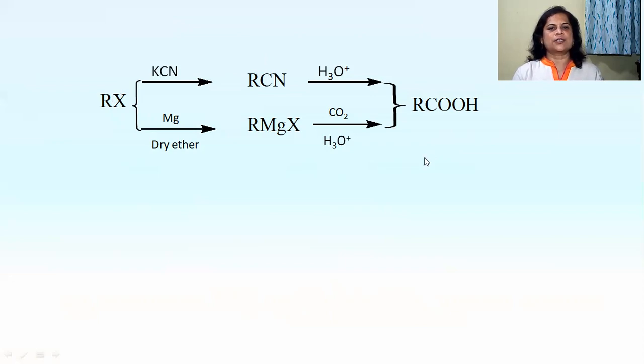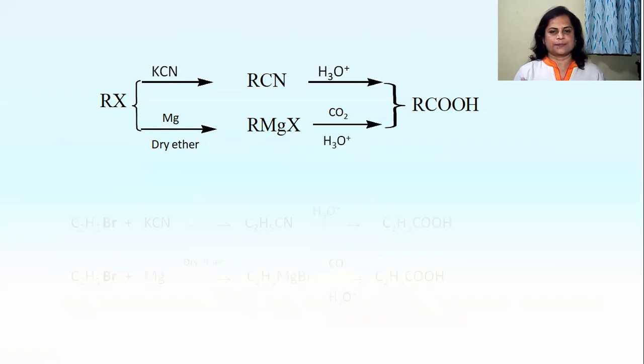This is a substitution reaction, RX with KCN, and then the cyanide is converted into the acid by hydrolysis. The other way: alkyl halides react with magnesium in the presence of dry ether, forming Grignard's reagent, which reacts with solid carbon dioxide followed by acid hydrolysis, forming the acid. So these are the conversions of alkyl halide to acids.